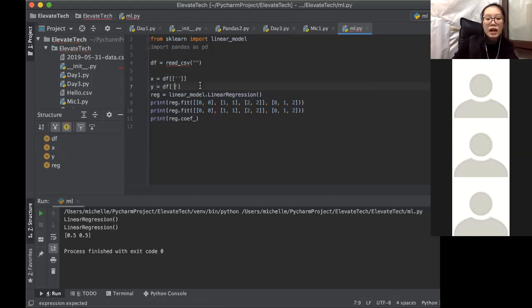After that, you can write regr equals linear model dot LinearRegression, and then you can do regr dot fit.